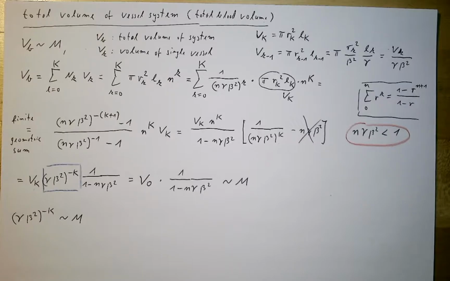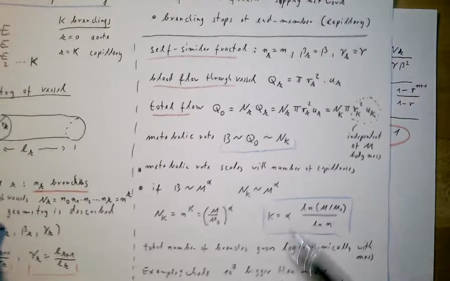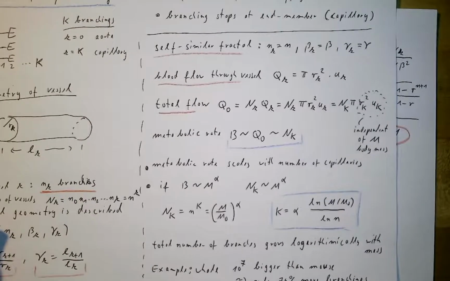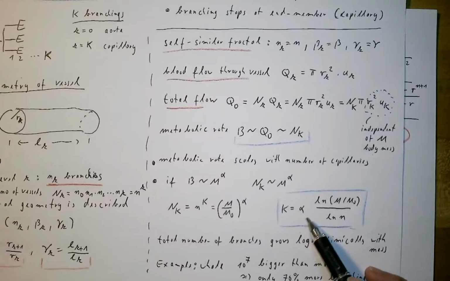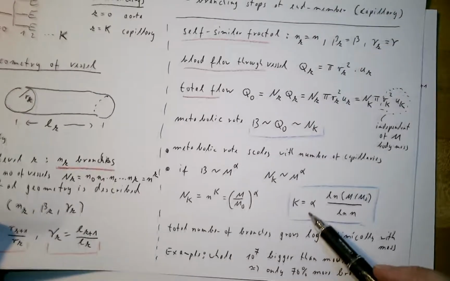And now we can compare to what we had before. Before we had a number for this k. Here we had this formula. Maybe we write this again, but we solve this for alpha.